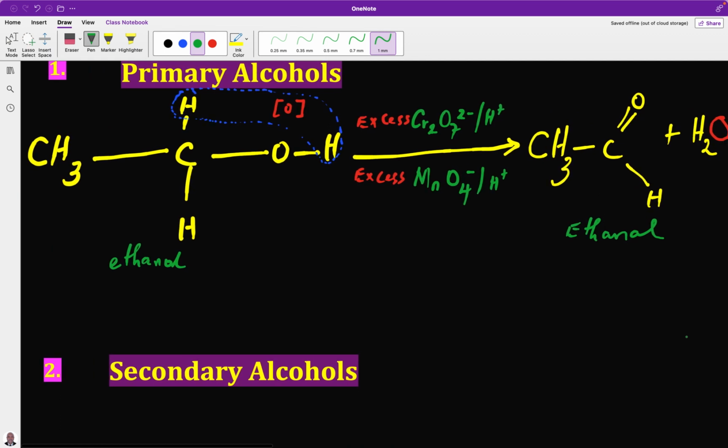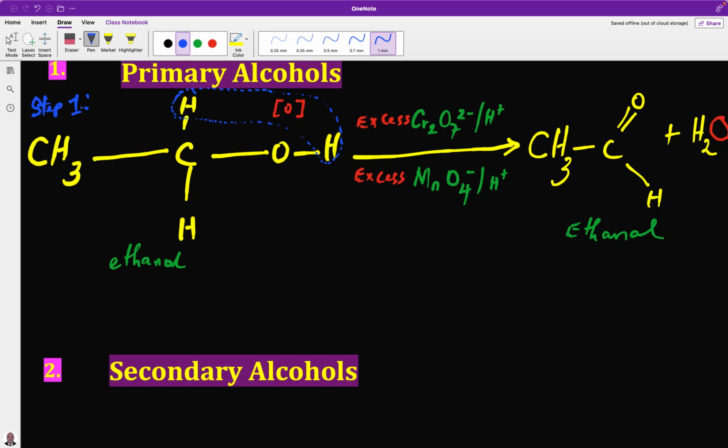This is step 1. In step one, the primary alcohol is heated under reflux with a good oxidizing agent.